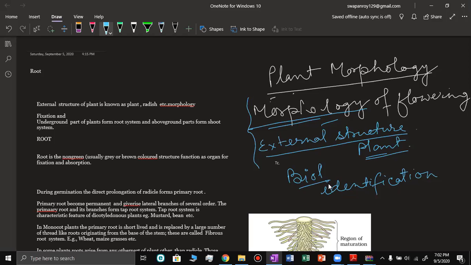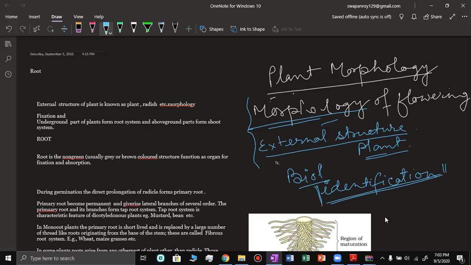There is a lot of diversity in living organisms, and diversity gives us the advantage of identifying and distinguishing one organism from the other.